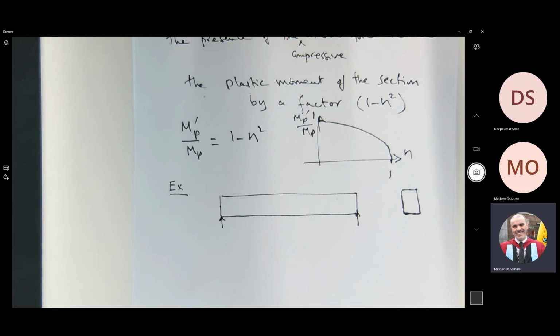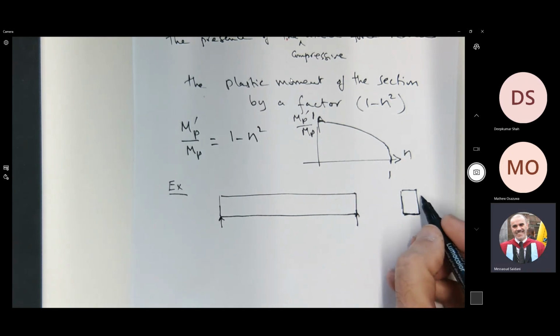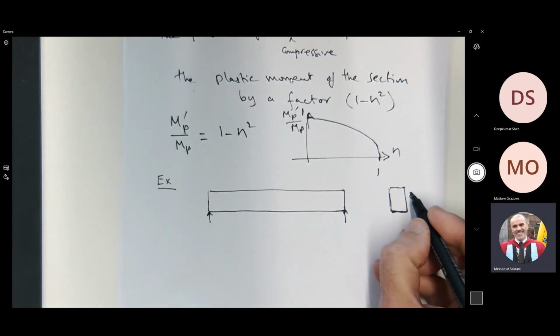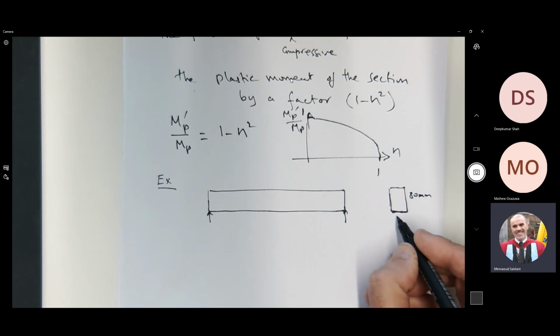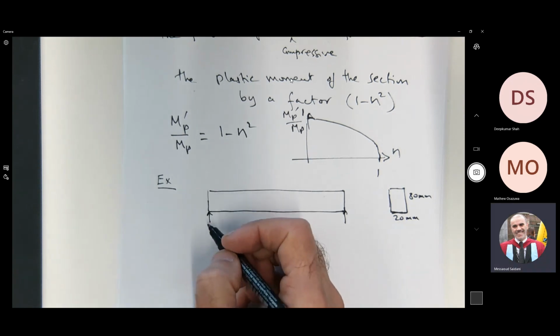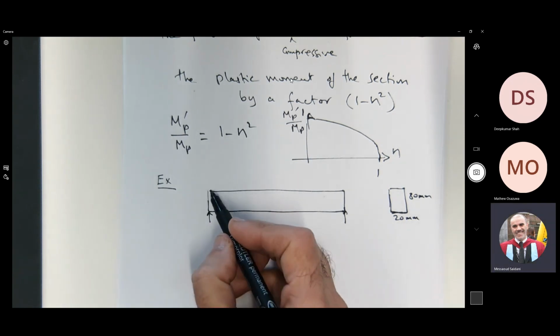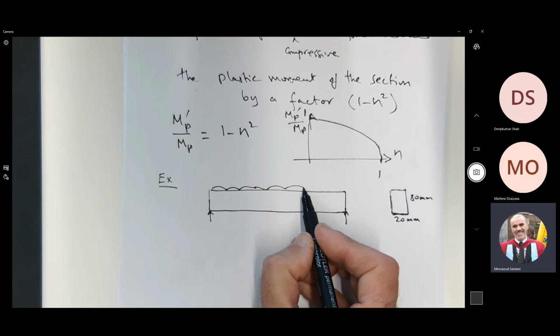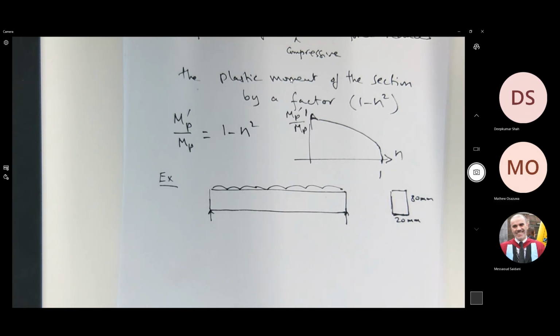Let's take a section, 80 millimeters by, let's say, 20 millimeters. Let's say we have a UDL.